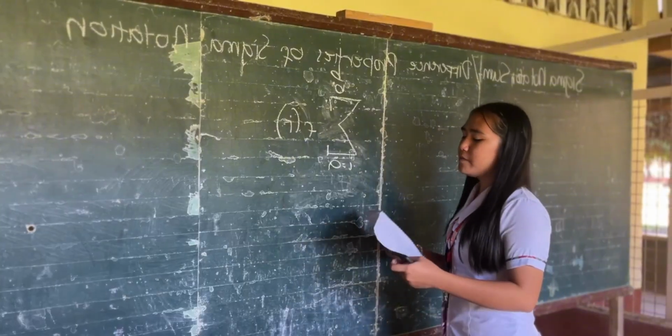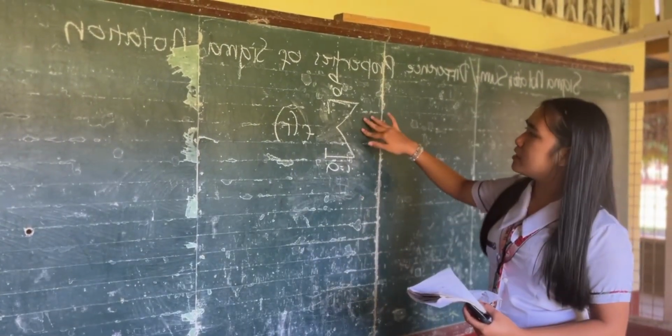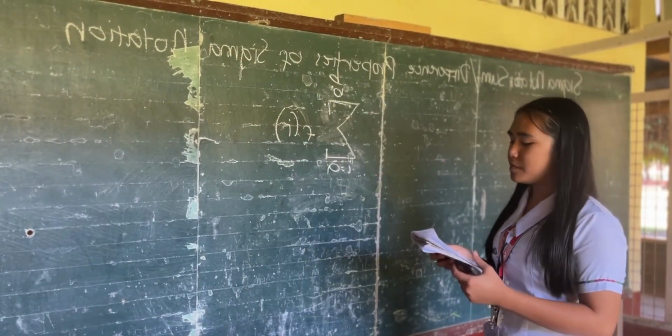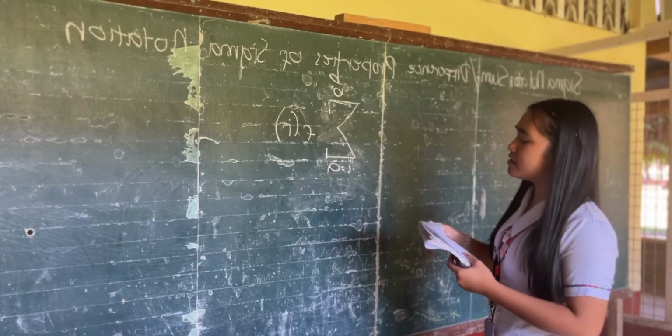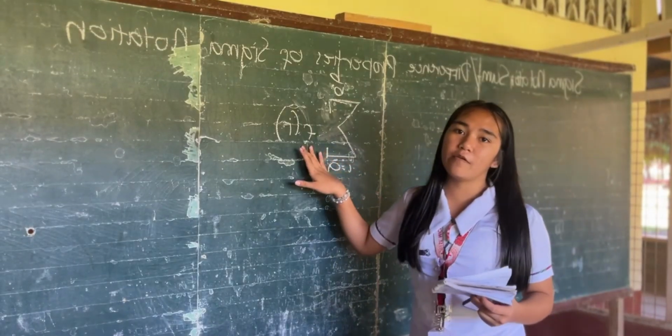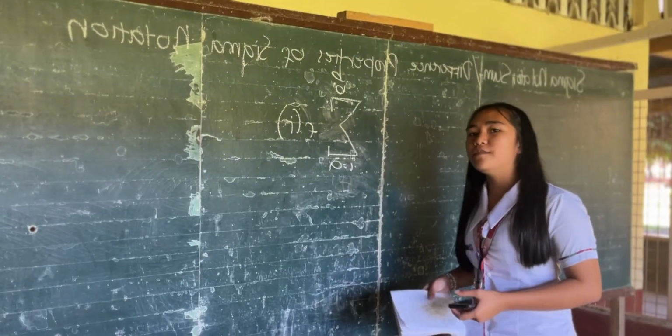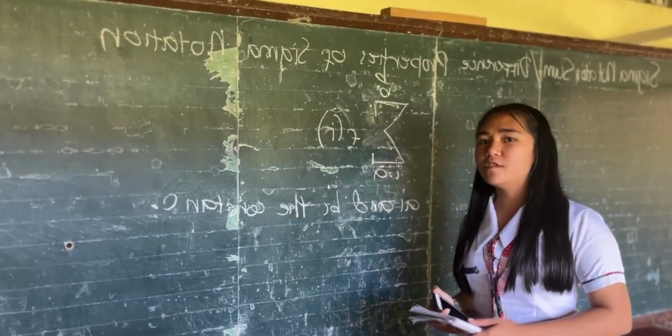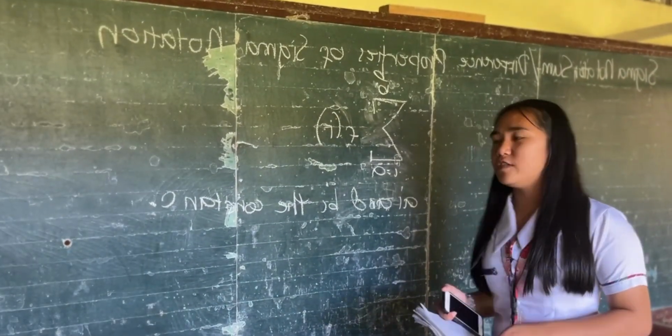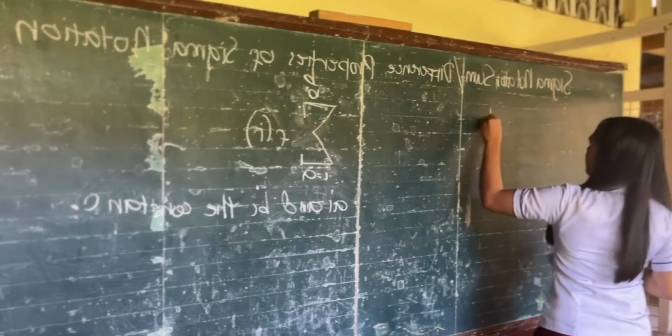The Greek letter capital sigma means sum. The index i is a dummy variable, meaning the summation variable. There are three parts of the sum and difference properties of summation. The first one is the sum property.